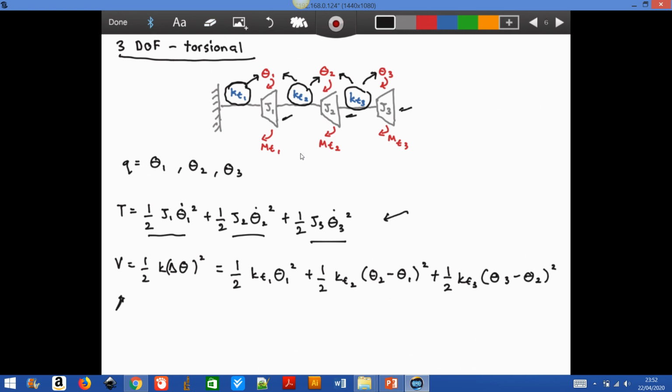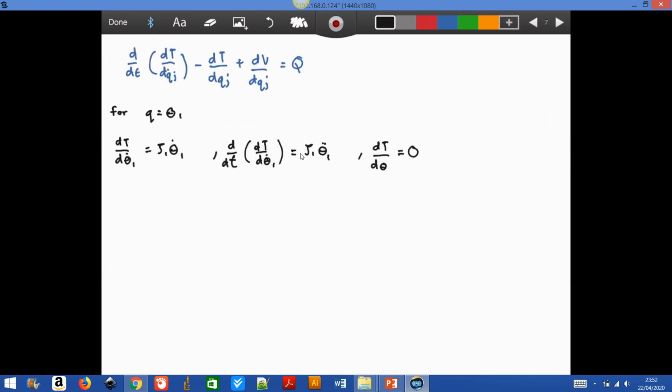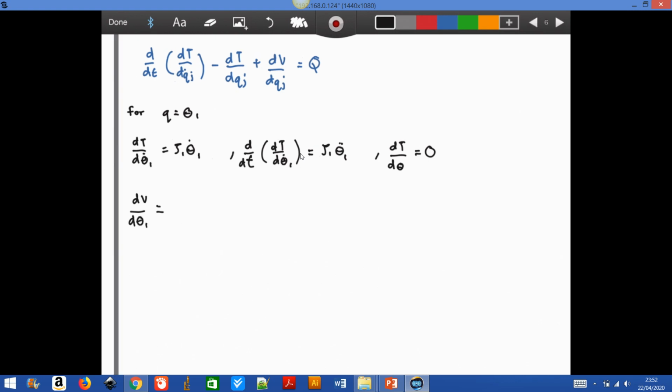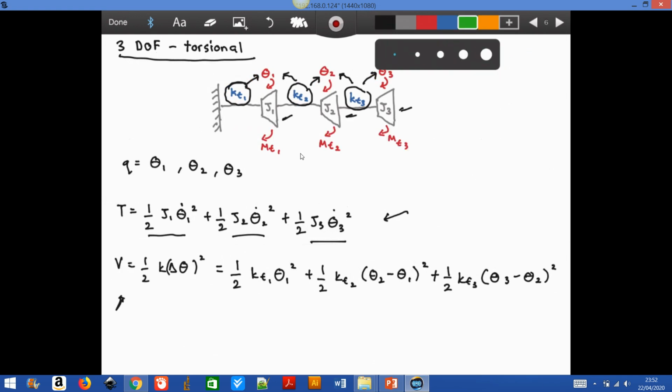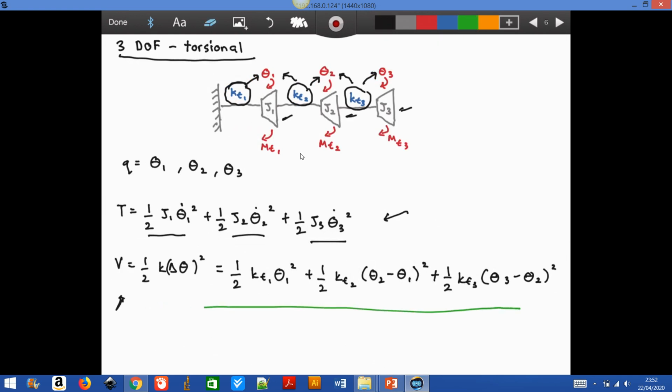Now we're going to look at dV here. So dV over d theta 1, we're going to differentiate V towards theta 1. What we will get is that in here we have two terms of theta 1, one in here and another one in here.